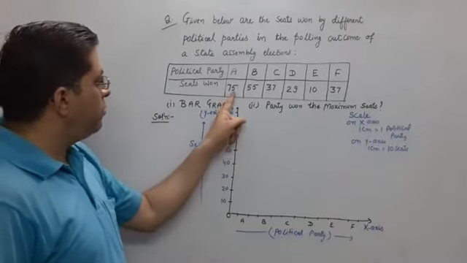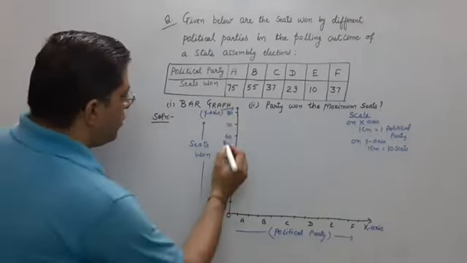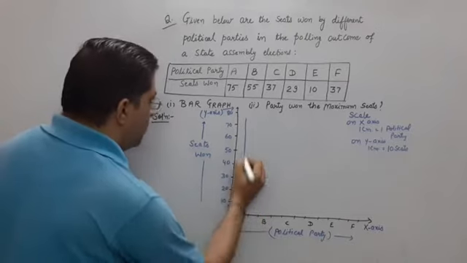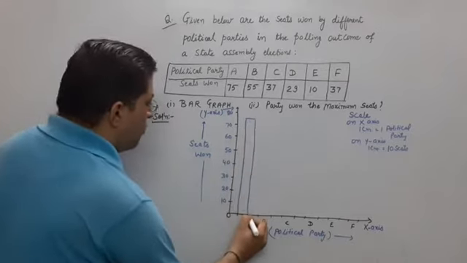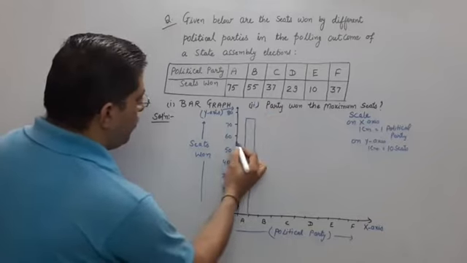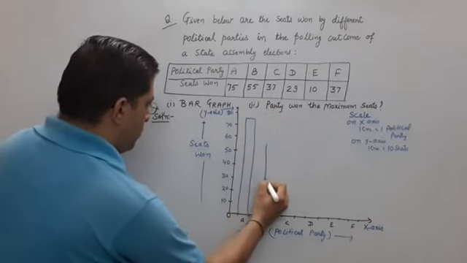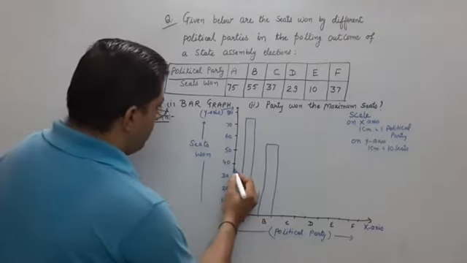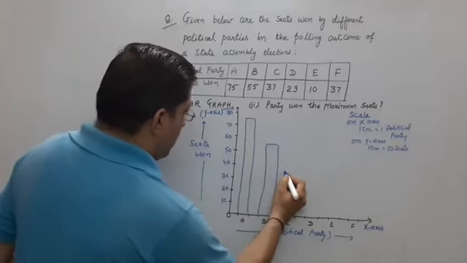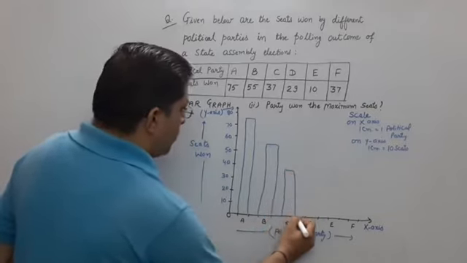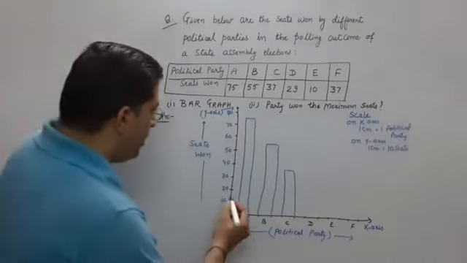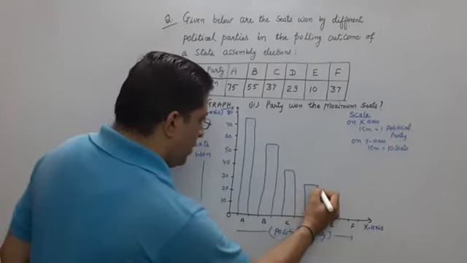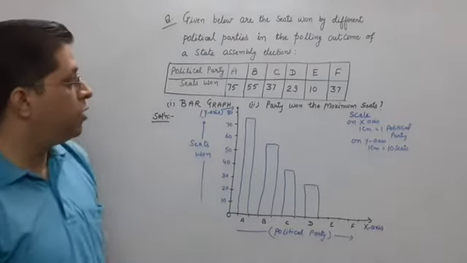First is 75. 75 lies in between here, so party A is 75. Party B is 55. 55 will lie here. Party C is 37. 37 will be here, near to 40. Then party D is 29, near to 30. You can draw it easily on graph paper.